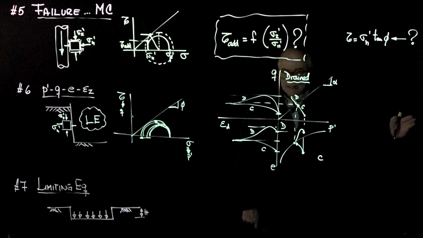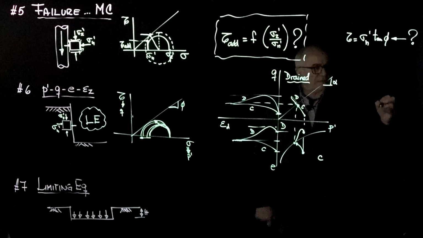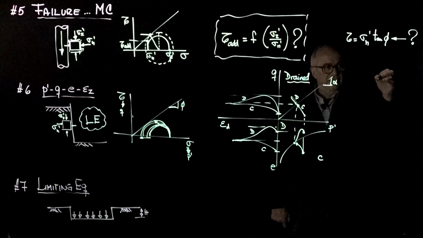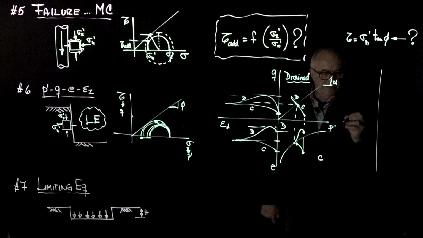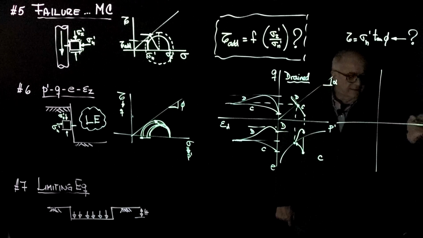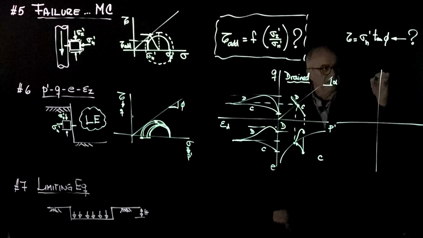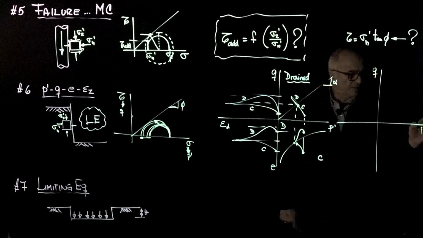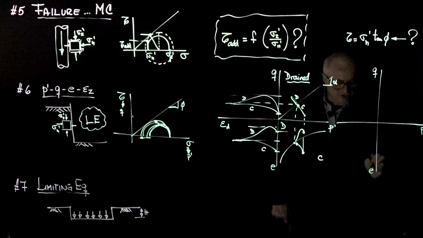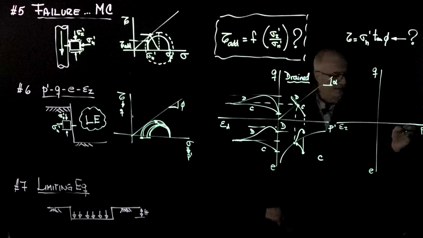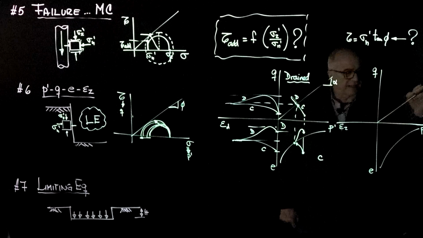Now for the undrained case, we're going to have a similar situation, and please do them in detail. So this is q, p prime, void ratio and epsilon z. This is the critical state line.